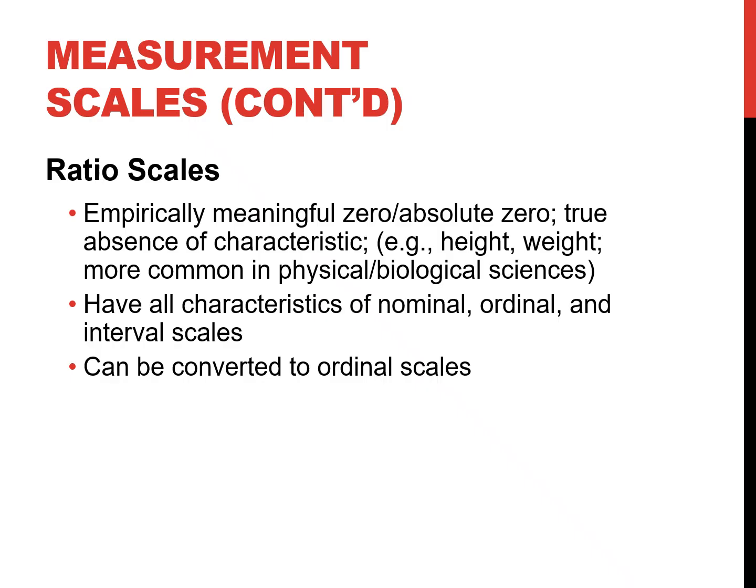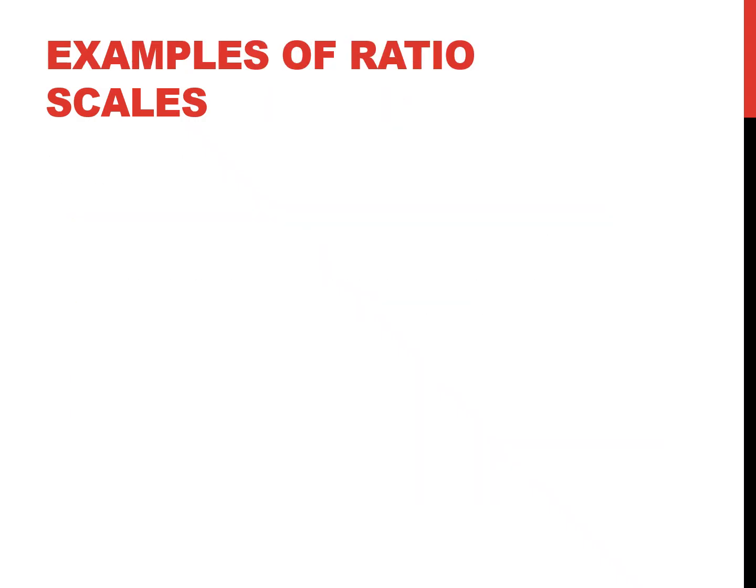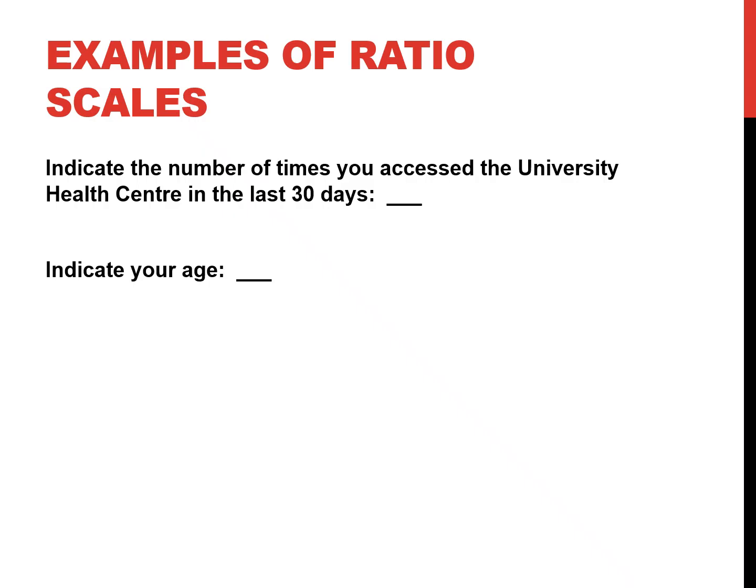We could group people from 18 to 20, that would be group 1. Group 2 could be 21 to 25, and in my case it would be 26 to 30. Other illustrations: income, age, number of years of education, meetings with an academic advisor, etc. I've set out some examples of ratio scales there. I'm not going to read through them all, you can read them quietly yourself.